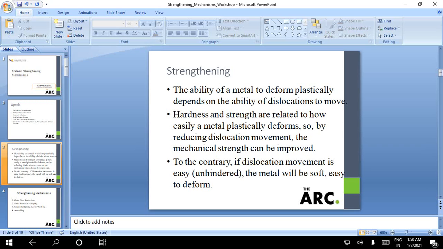When we reduce the dislocation movements in the material, the strength of the material is going to improve. To the contrary, if dislocation movement is easy, that is unhindered, the metal will be soft and easy to deform. So when dislocation movement is very easy, at that time the metal is going to become very soft and also very easy to deform.